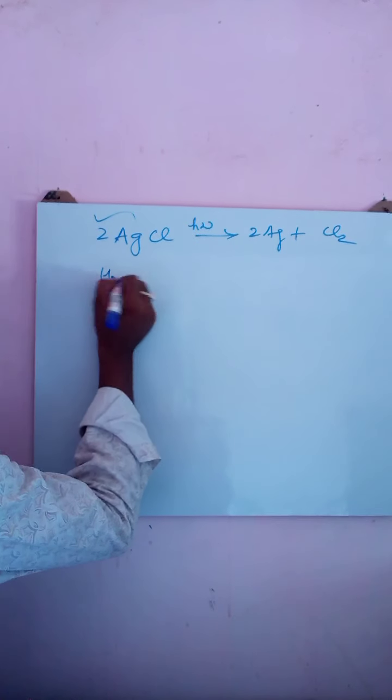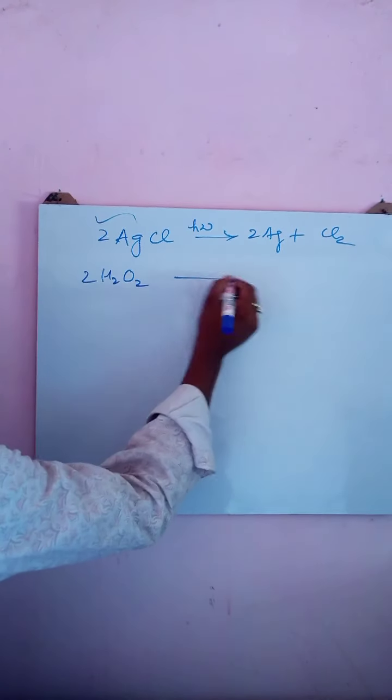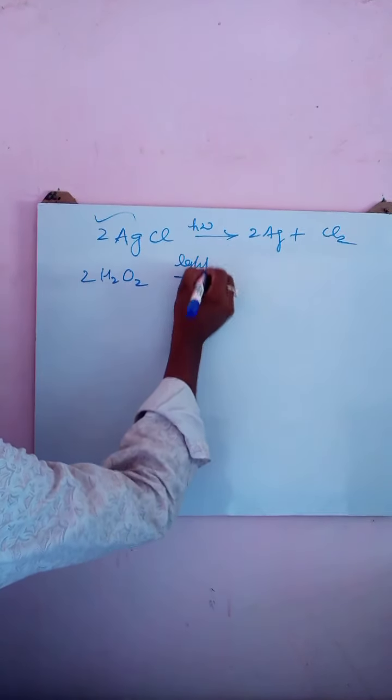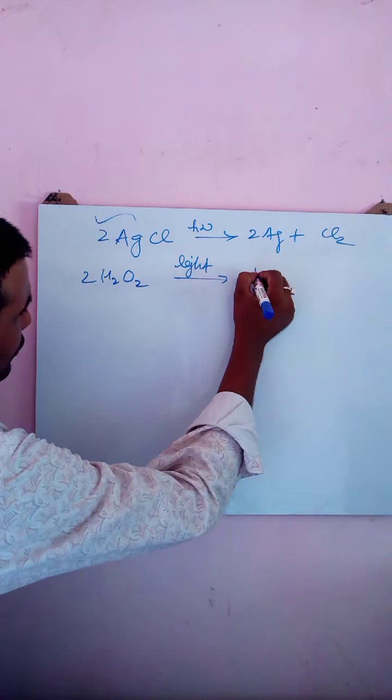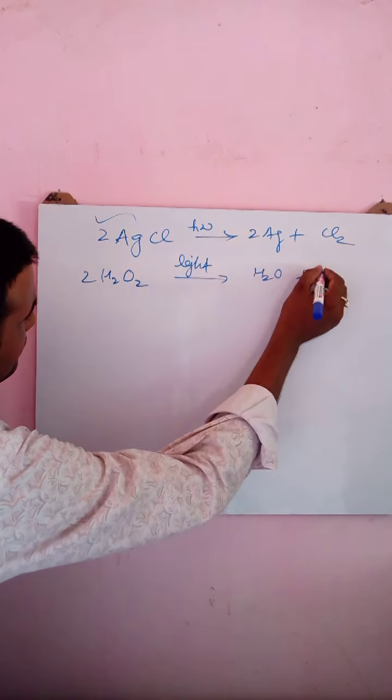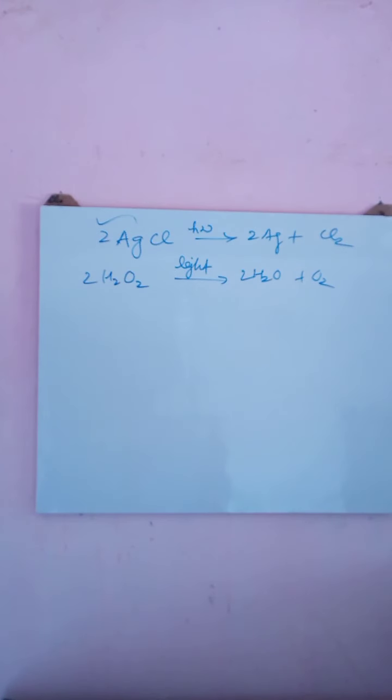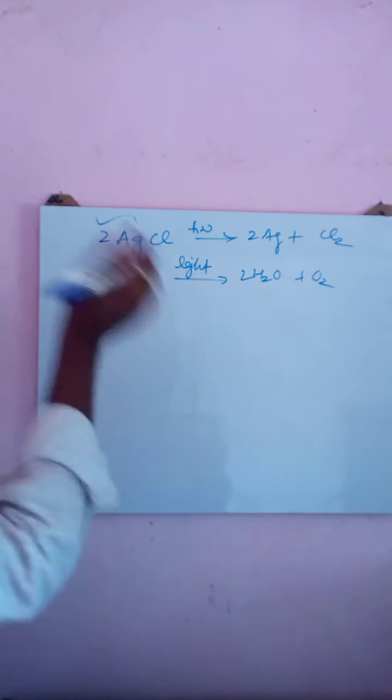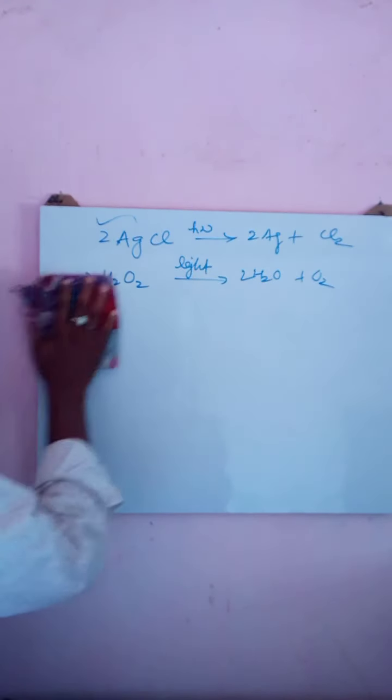Hydrogen peroxide, H2O2, undergoes decomposition in the presence of light energy to form H2O plus O2. Such kind of chemical reaction is known as photochemical reaction because it occurs in the presence of light as a source of energy.